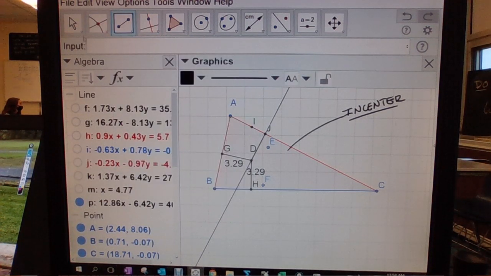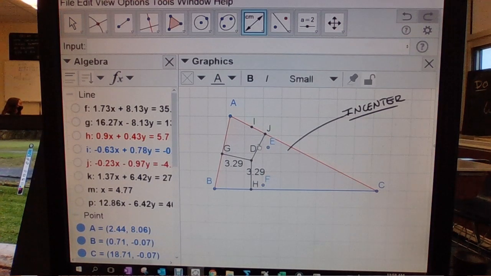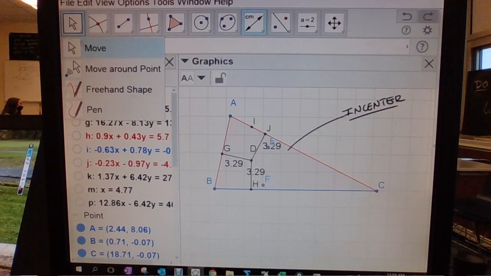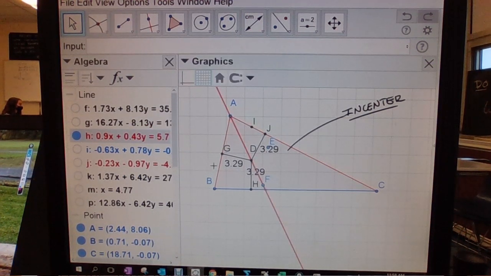Get that segment. And now if I ask it for D to J's distance, again it's 3.29. Which means then, because this distance was 3.29, that distance is 3.29, because it's on this red angle bisector, it is equidistant from the two red sides. Well, when we do this, we get all three of those to be 3.29.